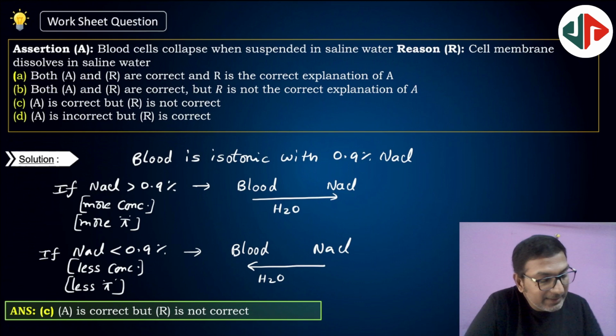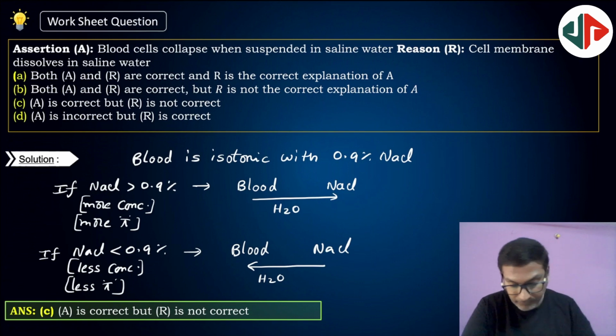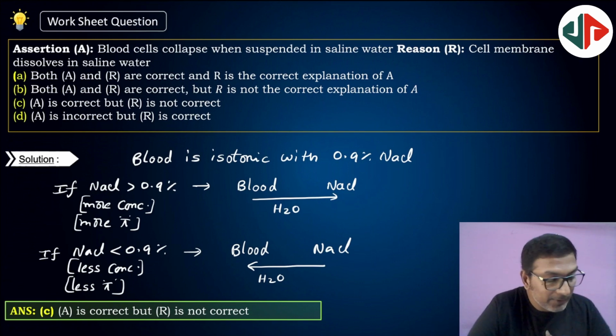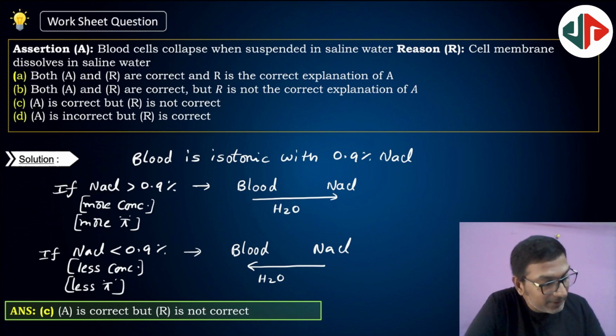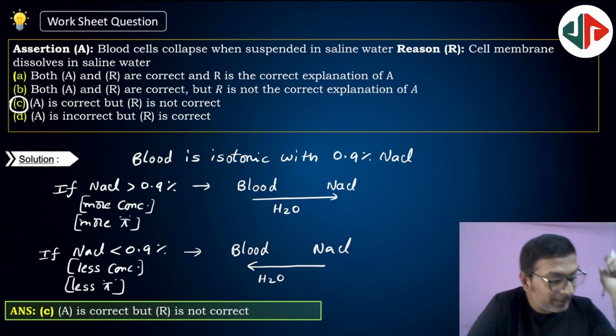Therefore blood cells collapse when suspended in saline water, so statement 1 is correct. Next, cell membrane dissolves in saline water. That is incorrect. The assertion is correct, the reason is not correct. Therefore option C. Very important.